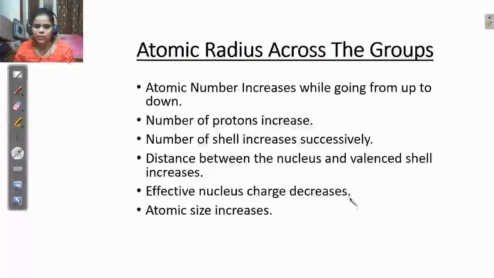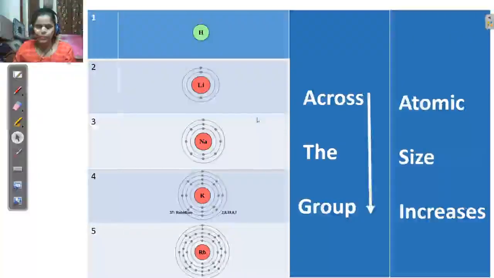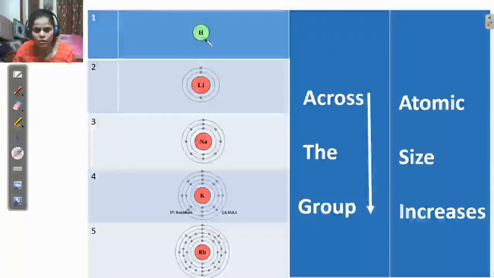So if the number of shells increases, the distance between the nucleus and the outermost shell increases. Let's see the example of the hydrogen atom and sodium atom. Here the distance between the nucleus of the hydrogen and its outermost shell is less than the distance between the nucleus of the sodium and its outermost shell. It's clear?